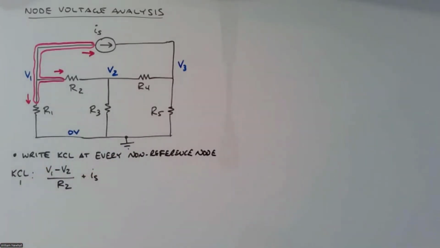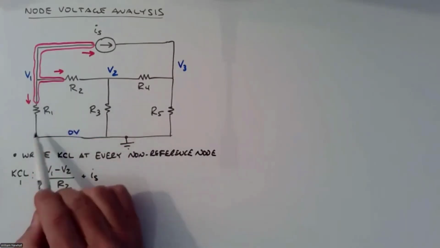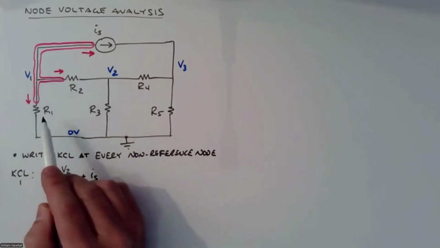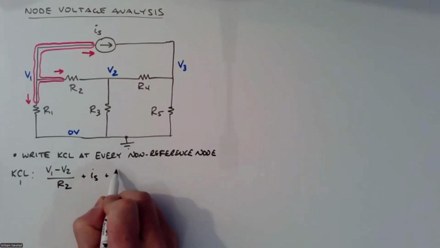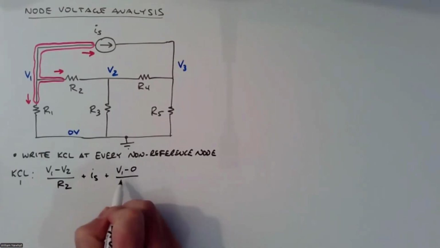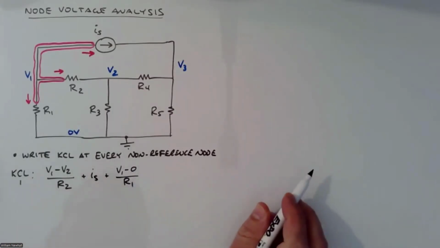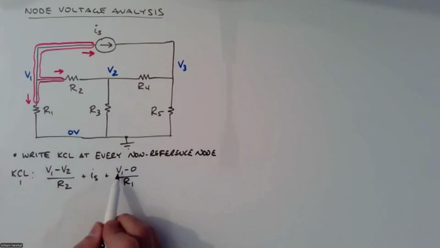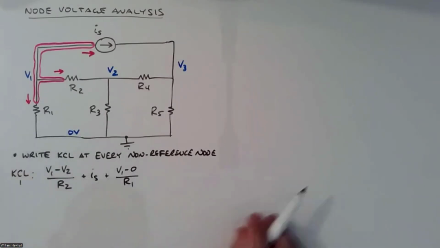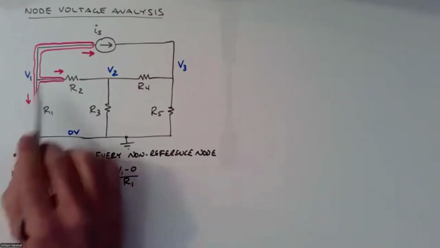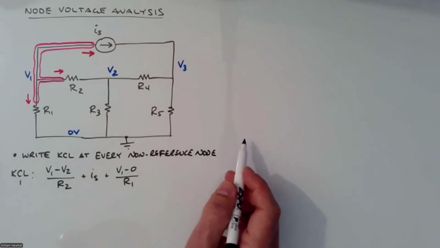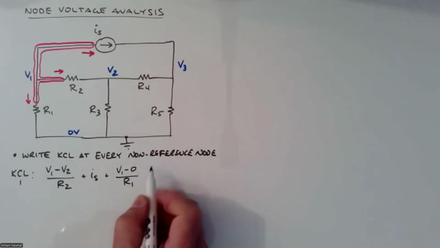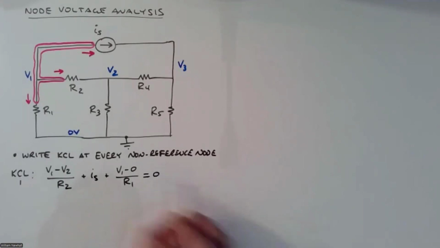So this node voltage minus this node voltage is V1 minus 0 over R1, right, is the current going down. So the current going down through R1 is V1 minus 0 over R1. So I've summed all of the currents leaving node 1, and I set that sum equal to 0.